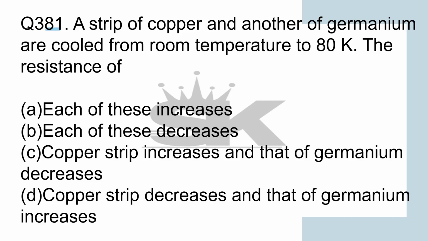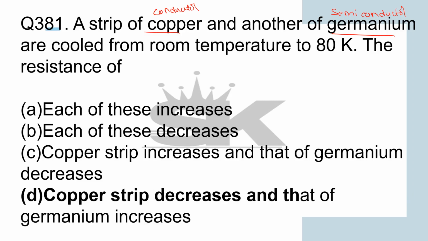In the case of a conductor, resistance decreases with decreasing temperature, while in a semiconductor, resistance increases as temperature decreases. The resistance of the copper strip decreases and that of germanium increases in this case. So the answer is option D.